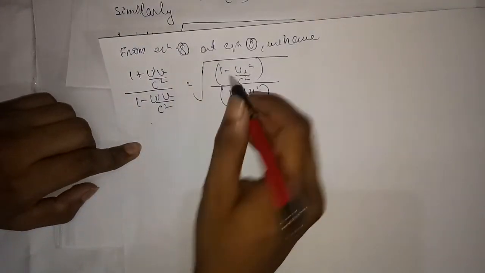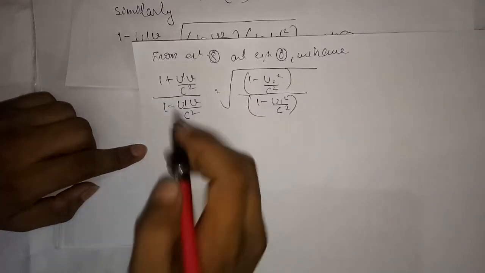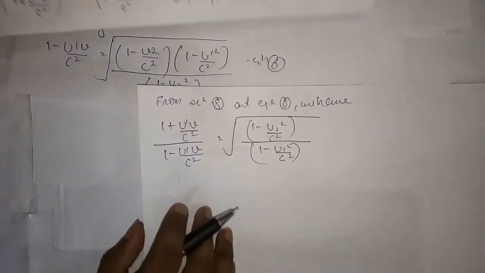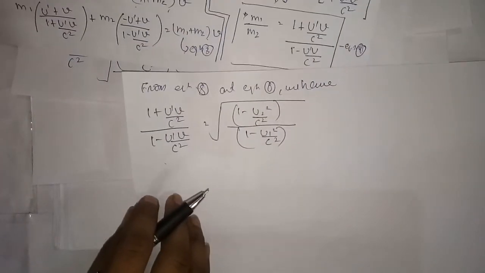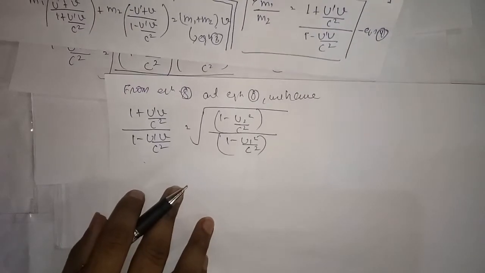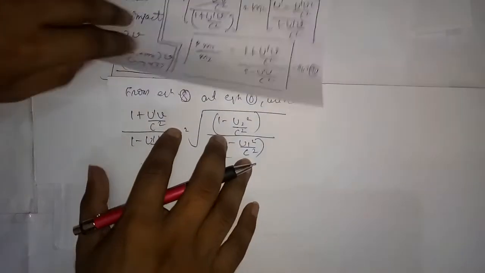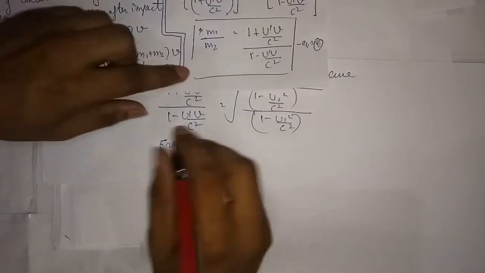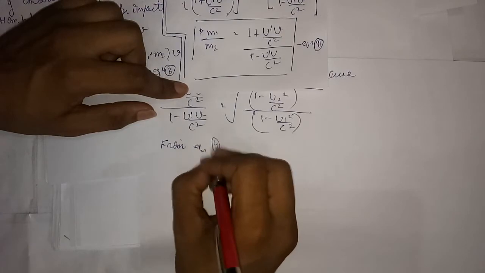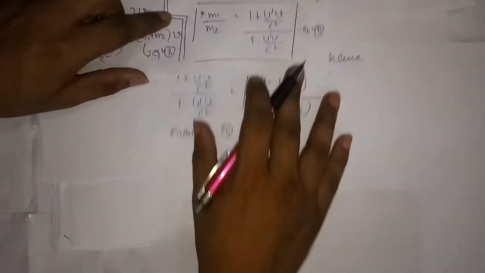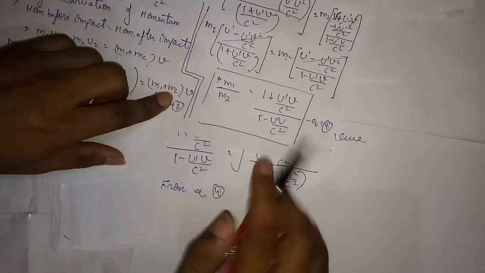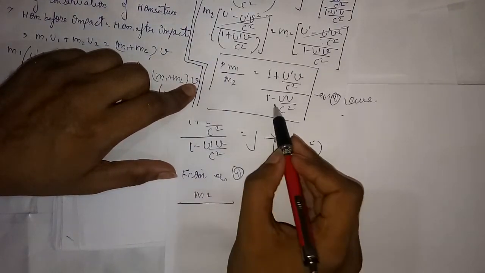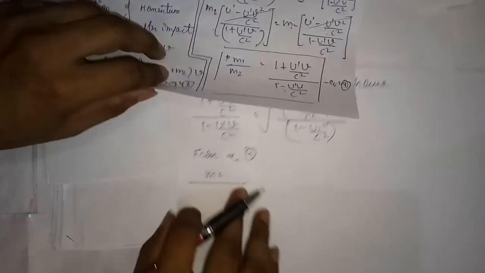So now squaring. Okay, so moving back to our equation number 1. Okay, now from equation 4. Actually because of the number of pages there is a little confusion here, but that is alright. So from equation 4, 1 plus u dash v upon c square is equal to m1, and 1 minus u dash v upon c square is m2.